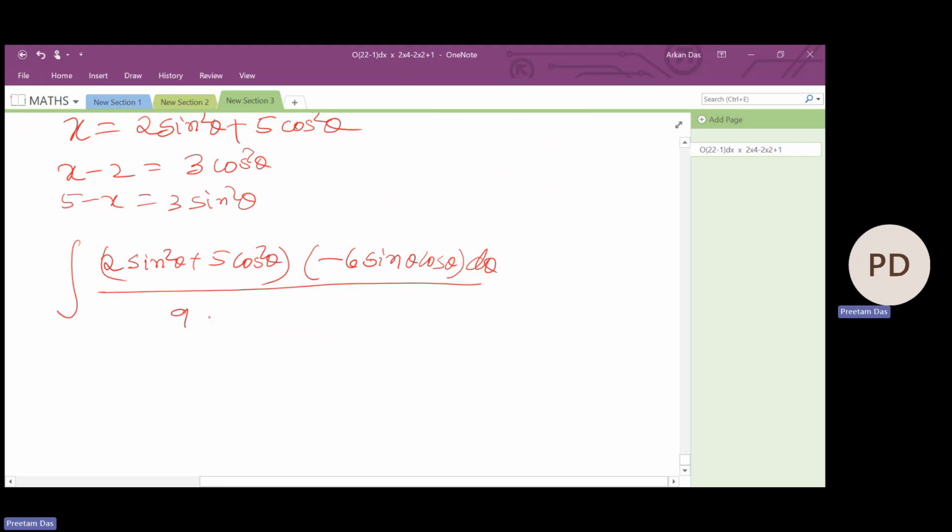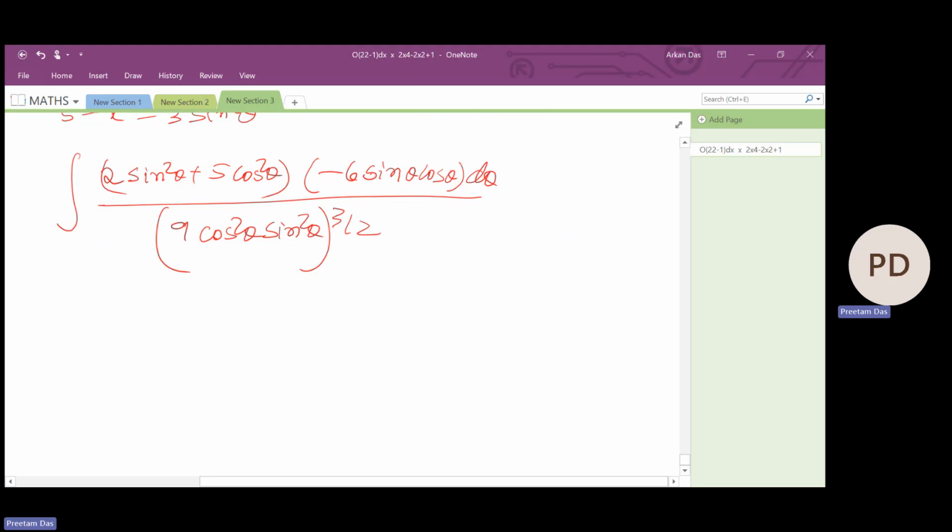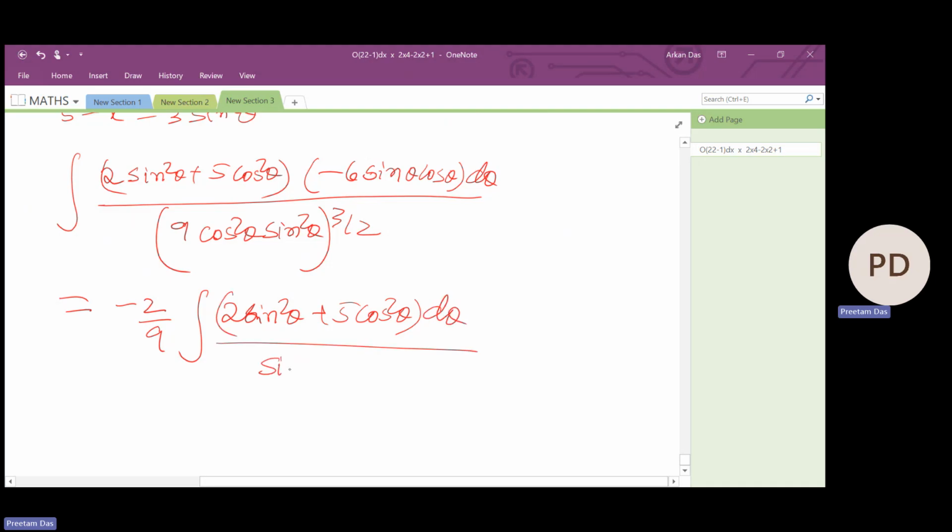So 9 cos square theta sin square theta raised to 3 by 2. 9 raised to 3 by 2, 27. After everything, it will become minus 2 over 9 and then 2 sin square theta plus 5 cos square theta, d theta divided by sin square theta cos square theta.